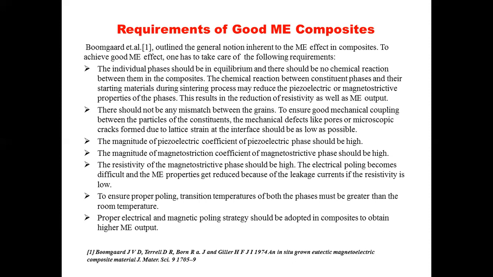Because of that, the grain growth in the ferrite material will be different, and the grain growth in the ferroelectric materials will be different because of the chemical composition. So most of the time it is a very difficult task to achieve a grain matching between these two phases. If they are nearly equal, we can say that the ME effect produced will be more. So that is the meaning of this point.